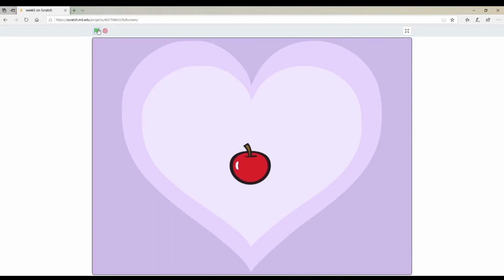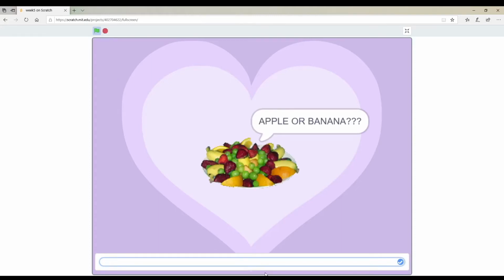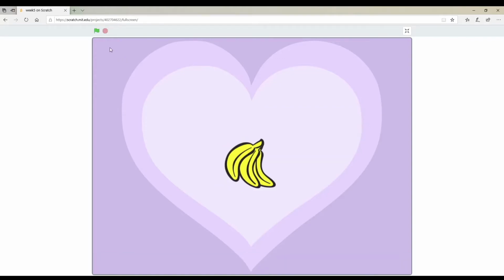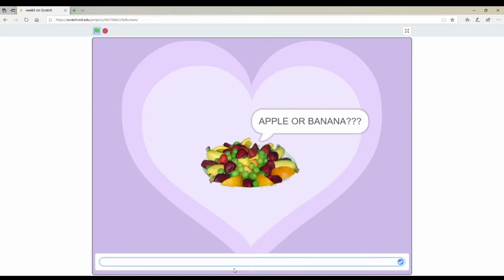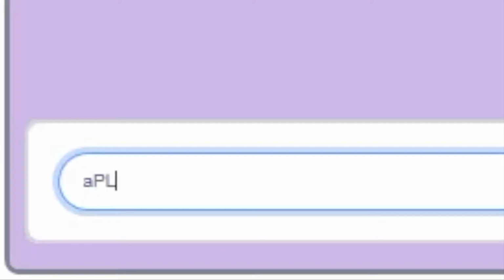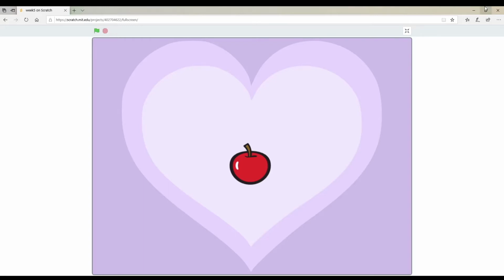Look, an apple. Otherwise, if you don't do apple, boom, banana. But let's say you spell apples wrong. It'll still turn into an apple even though it was a horrific spelling.